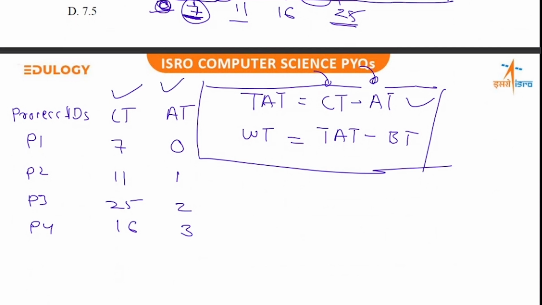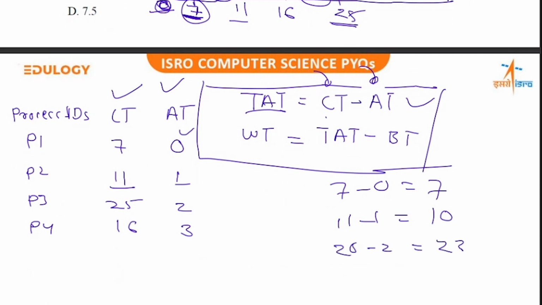Now we have completion time and arrival time. We have to calculate the turnaround time. Simple. We have to subtract arrival time from the completion time. Completion time of P1 7 minus arrival time of P1 0, so it is 7. 11 minus 1, which is 10. 25 minus 2, which is 23. 16 minus 3, which is 13.